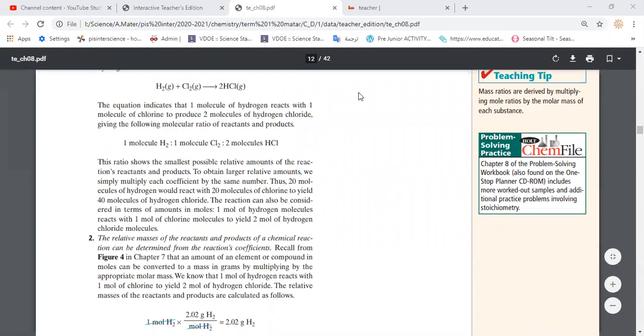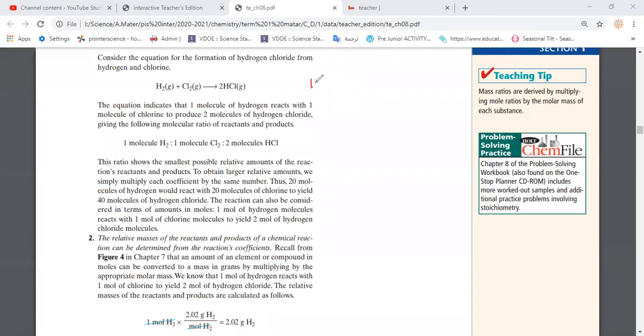We know that the atomic mass of hydrogen equals 1, so that means 1 hydrogen atom equals 1 gram. So 1 mole of hydrogen equals 2 grams, because it contains 2 atoms of hydrogen. Here chlorine, Cl2, 1 chlorine atom has a mass of about 35 grams, so the molecule of chlorine will be 70 grams.